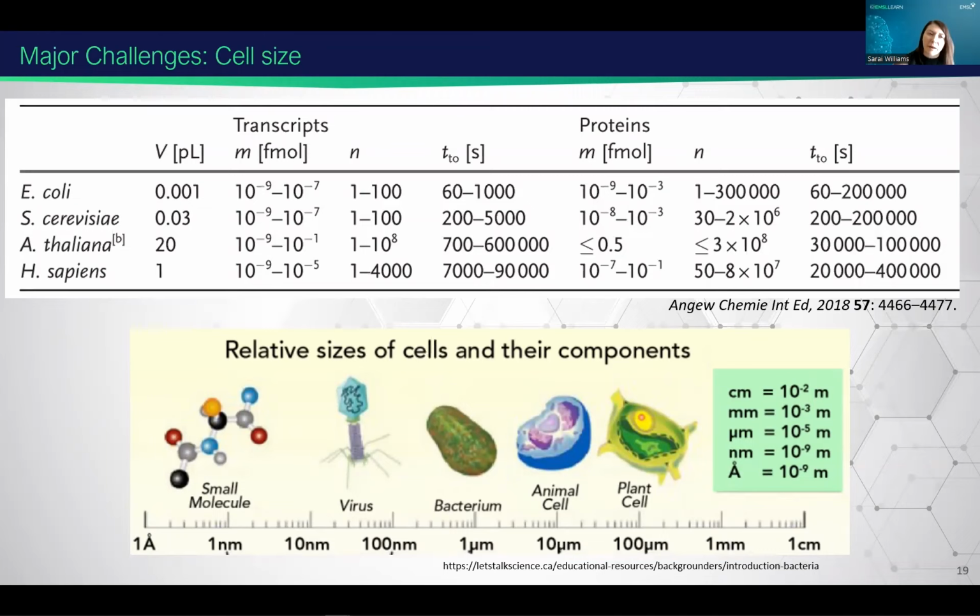For E. coli, we cannot amplify signal like transcriptomics can do. What we have is the starting material. Therefore, we do not have a technology that's sensitive enough to quantify peptides in a single E. coli cell with the starting volume of 1 femtoliter.